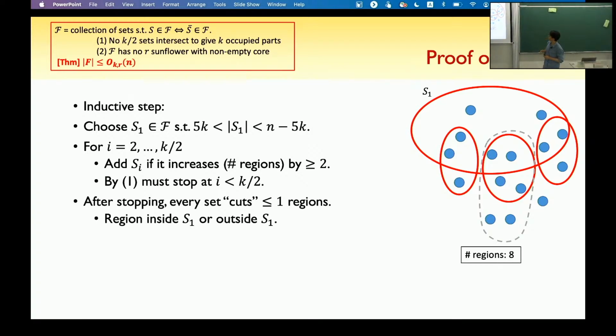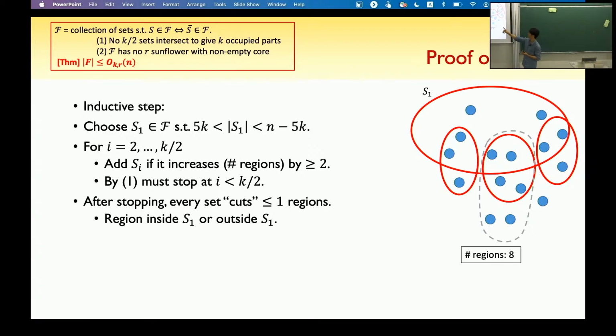After stopping, let's look at the remaining sets in our set system F. Some sets may look like this, just a gray set. What we can say is that every set cuts at most one region. I say a set cuts a region if it intersects the region but does not exactly contain it. Simply because if a set contains two regions, then adding the set into our collection will increase the number of regions by at least 2.